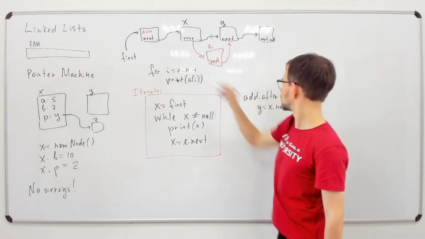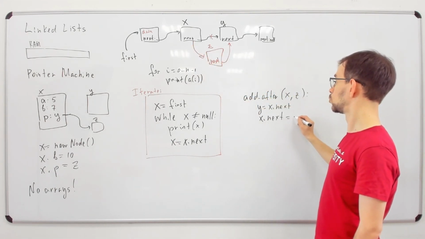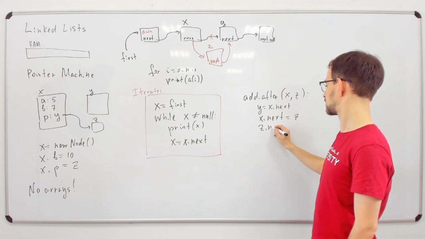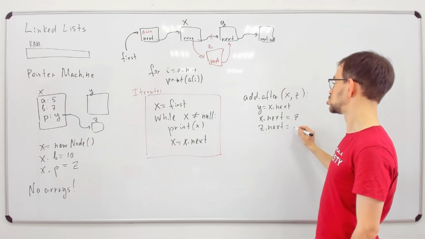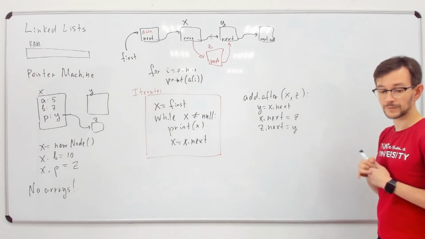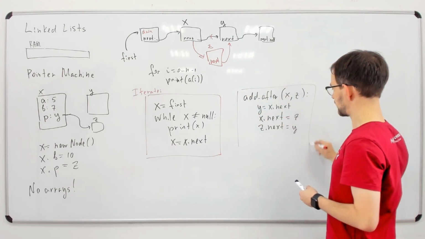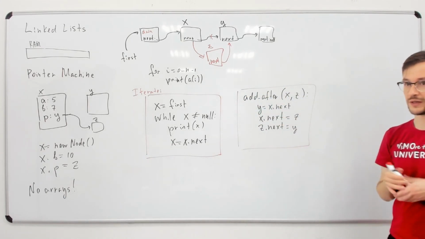Then we need to put X next to Z and Z next to Y, right? That's all. That's how you add a new element to the linked list.